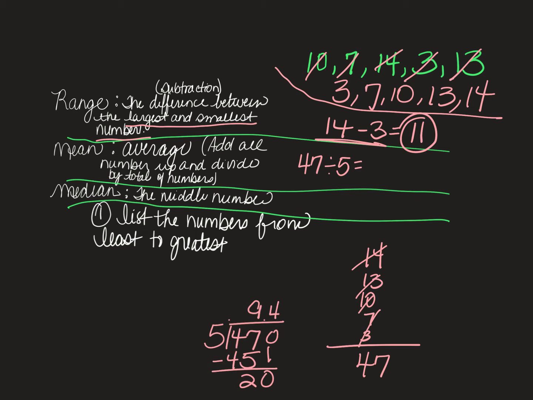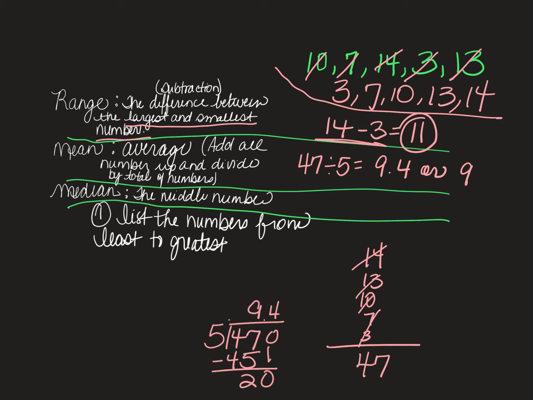In this case, your average is going to be 9.4, because you have to put your decimal there. Or you can round it to the nearest whole number, which is 9. Either way, I will accept.